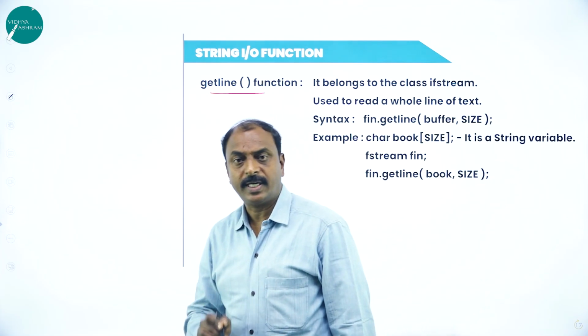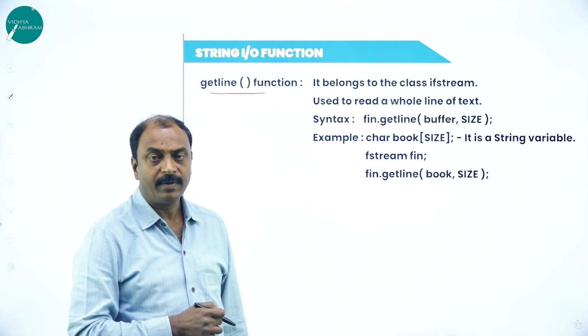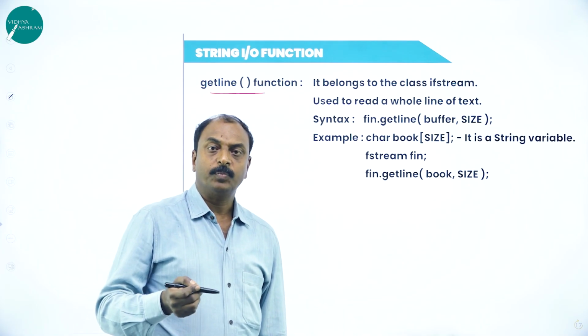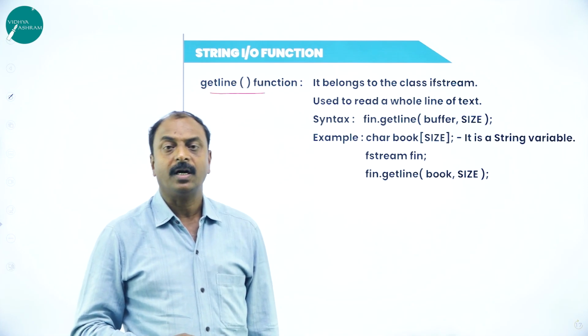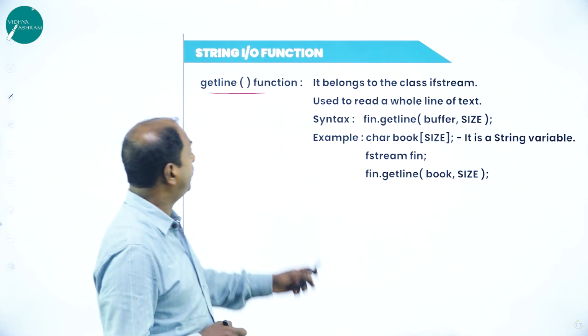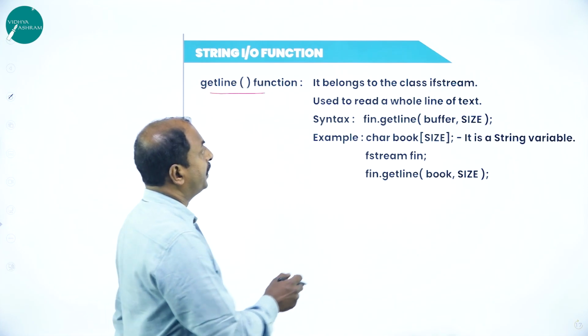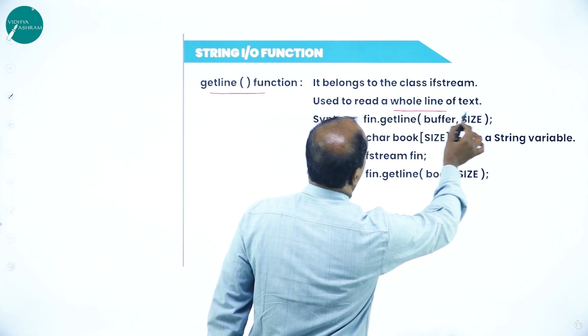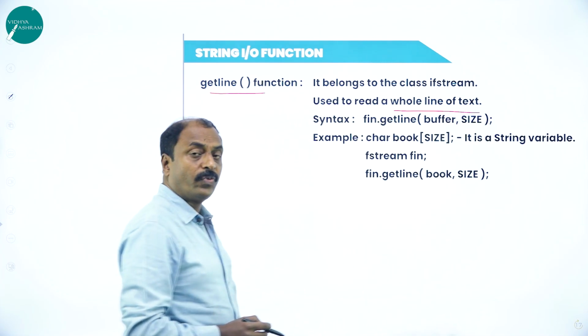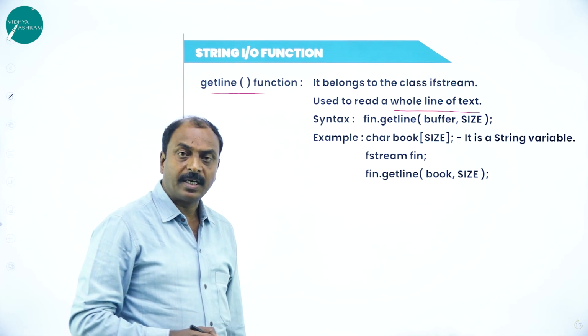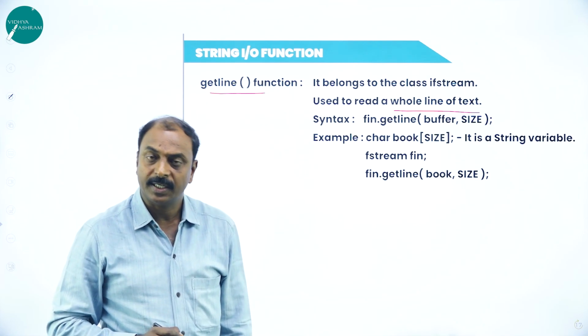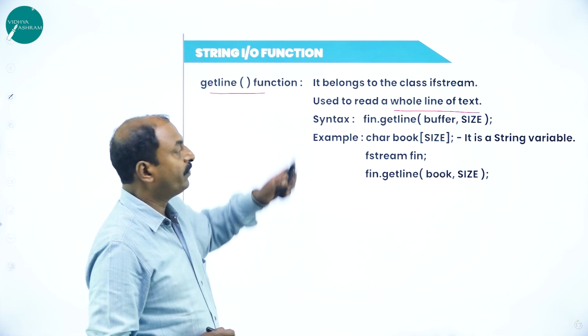Please observe that in the previous slide we have seen get and put function is only to read or write a single character, but here getLine function is used to read whole line of text from the file. So here we can read entire line of a text at a time using getLine function.